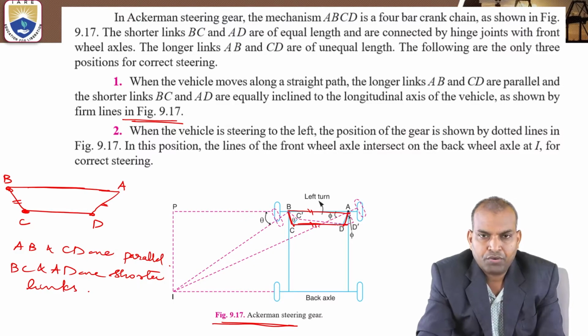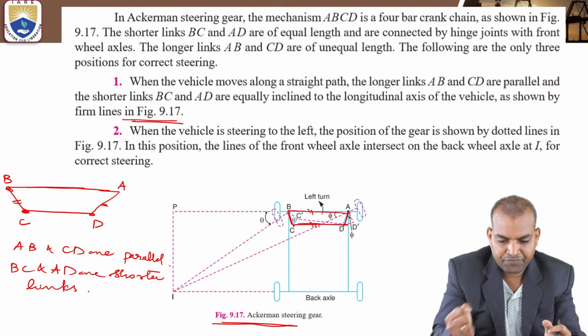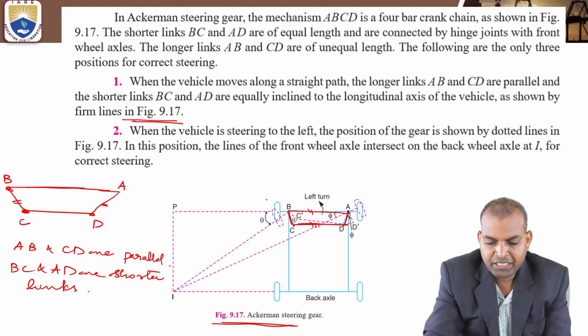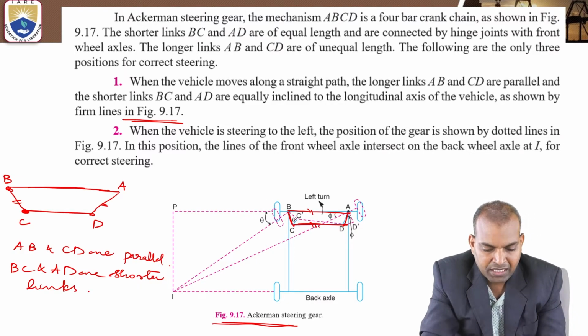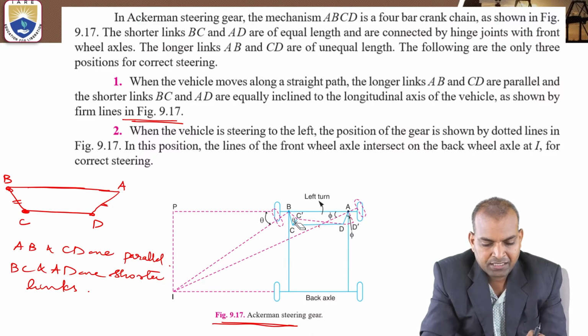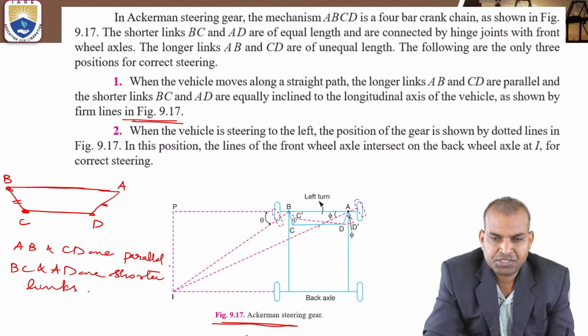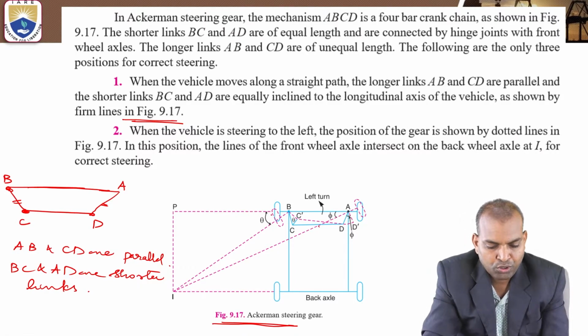Now, when the steering is in the left direction, if you take a left, the position of the gear is shown with dotted lines, and the position of the wheels is also shown by dotted lines in this figure.